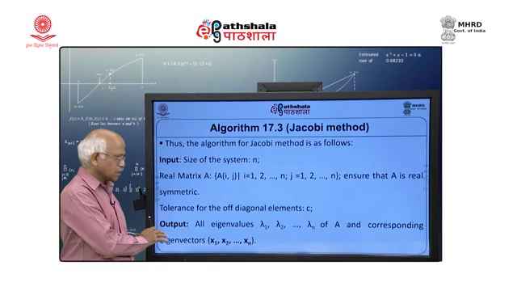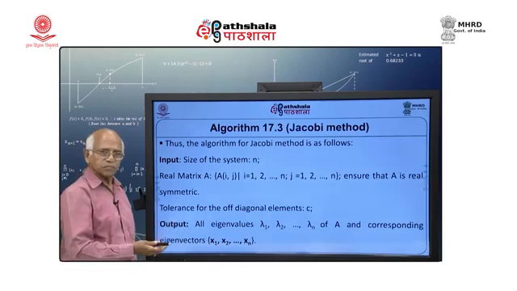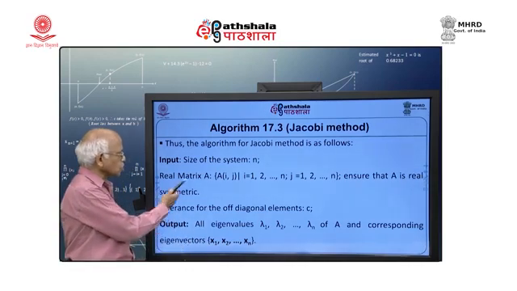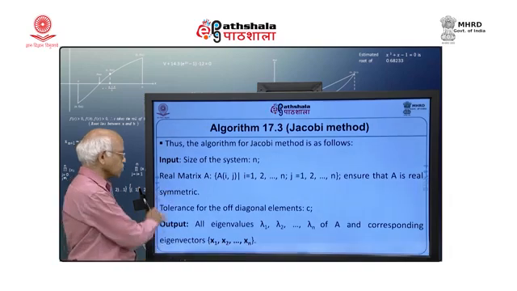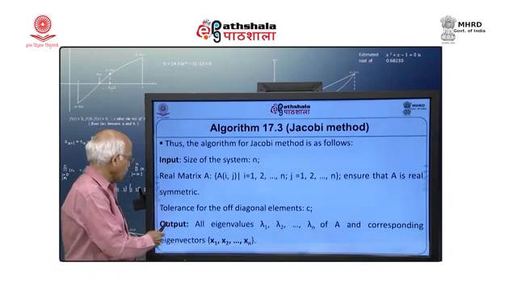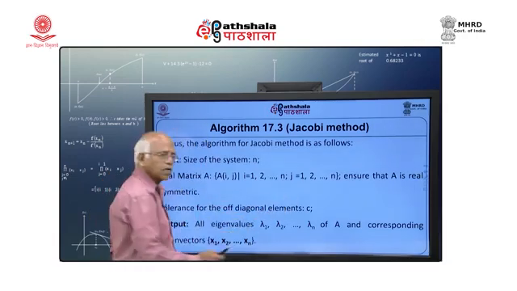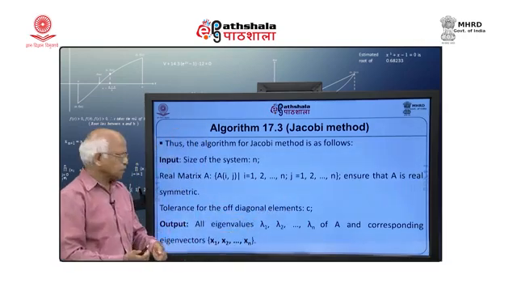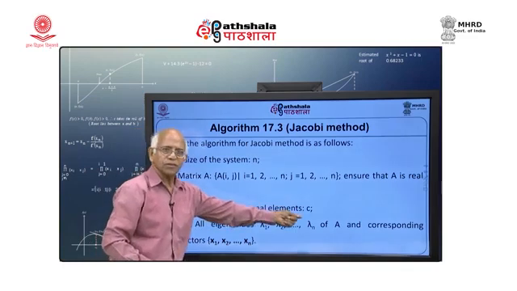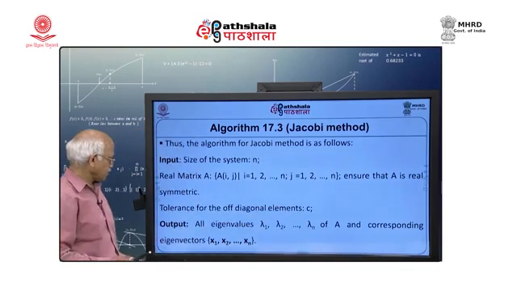There may be other approaches for non-real-symmetric matrices, but here we are working only with real symmetric matrices. We also take the tolerance C for the off diagonal elements, that means how small you want the off diagonal elements to be.